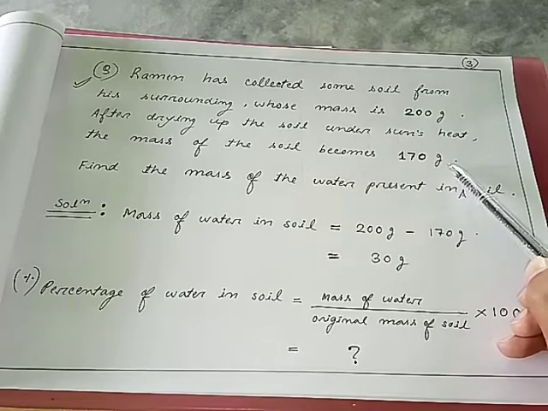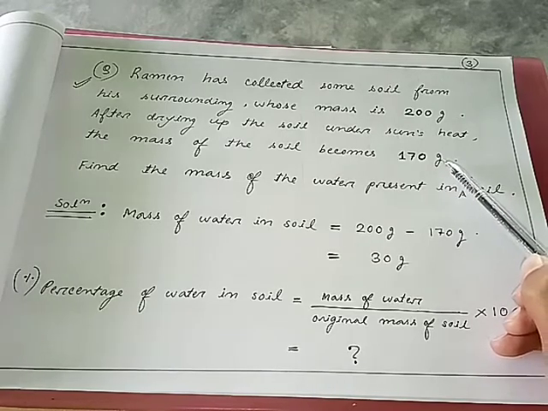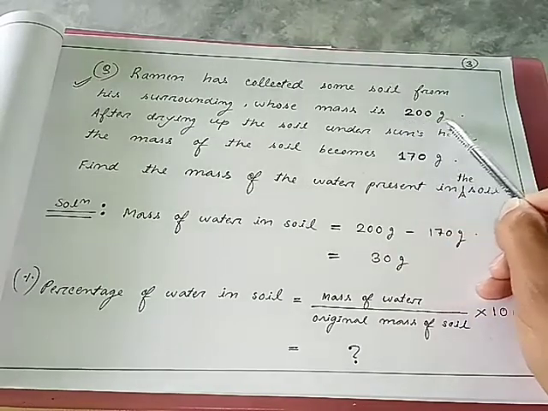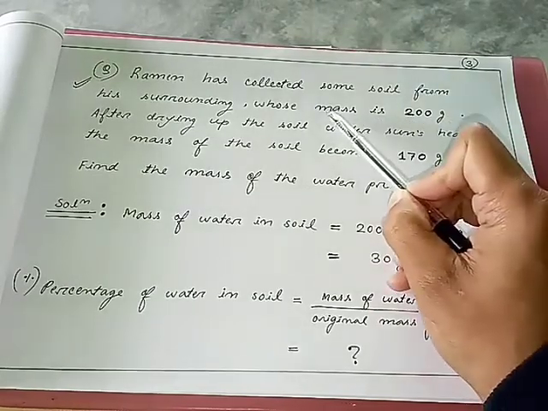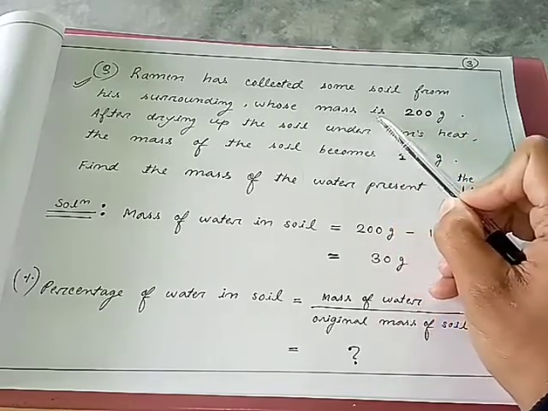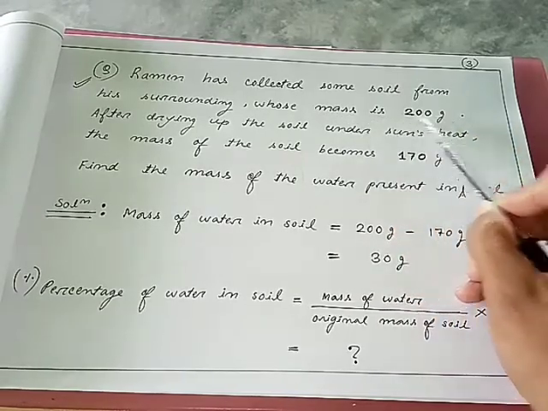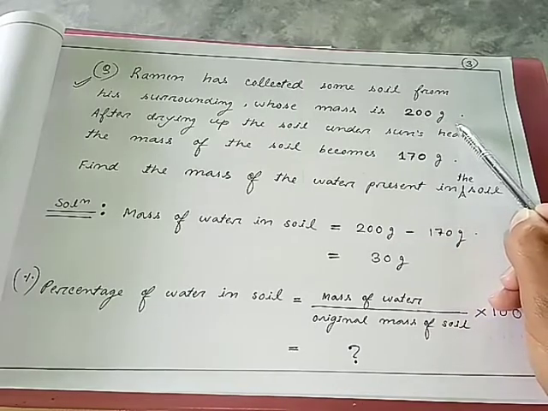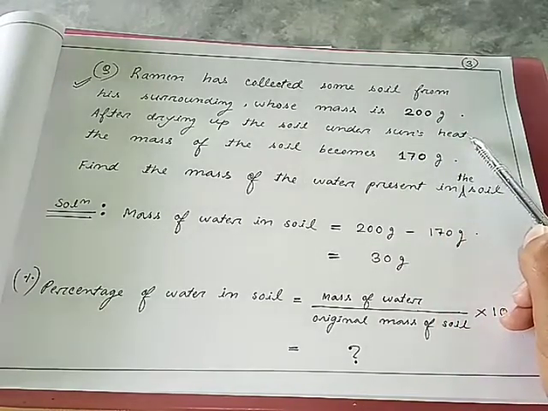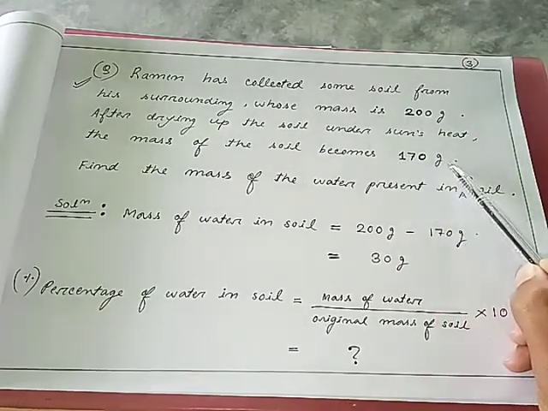So initially, the soil which he has collected, the weight was 200 gram. The mass of the soil which Roman collected initially was 200 gram. But later on, after drying up the soil under sun's heat, the weight becomes 170 gram.